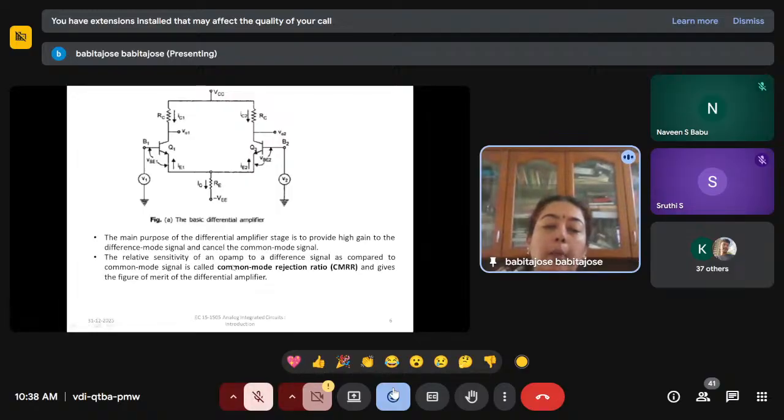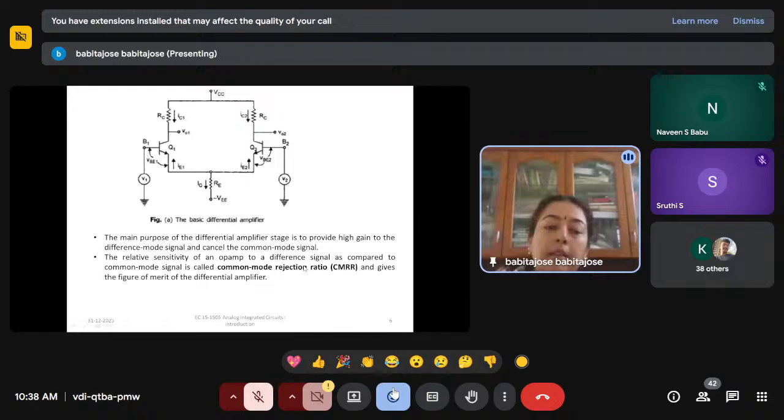It's the ability of the op-amp, or the sensitivity of an op-amp, to a difference signal as compared to a common mode signal. That means it should amplify only the difference signal and it should cancel the common mode signal. So that ability or that sensitivity of the op-amp is called common mode rejection ratio.